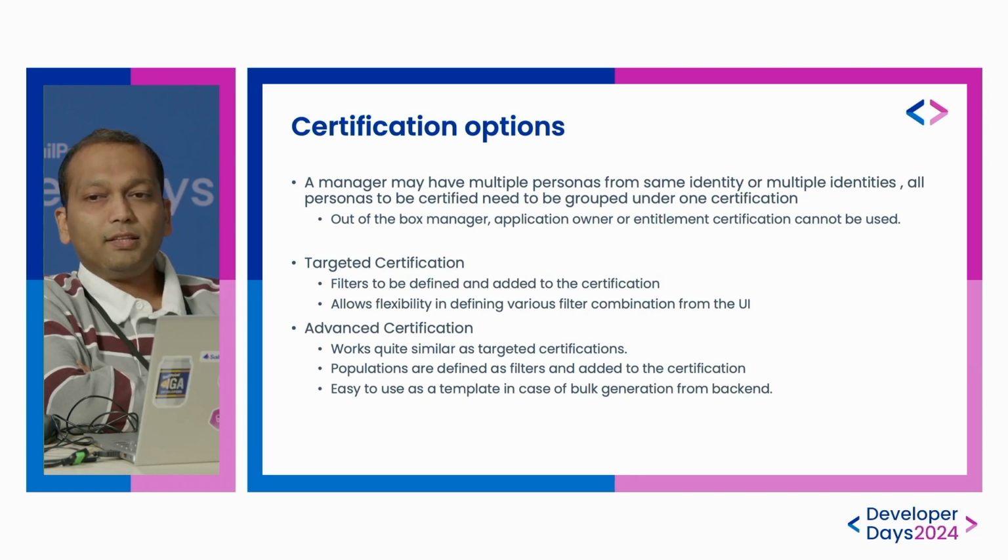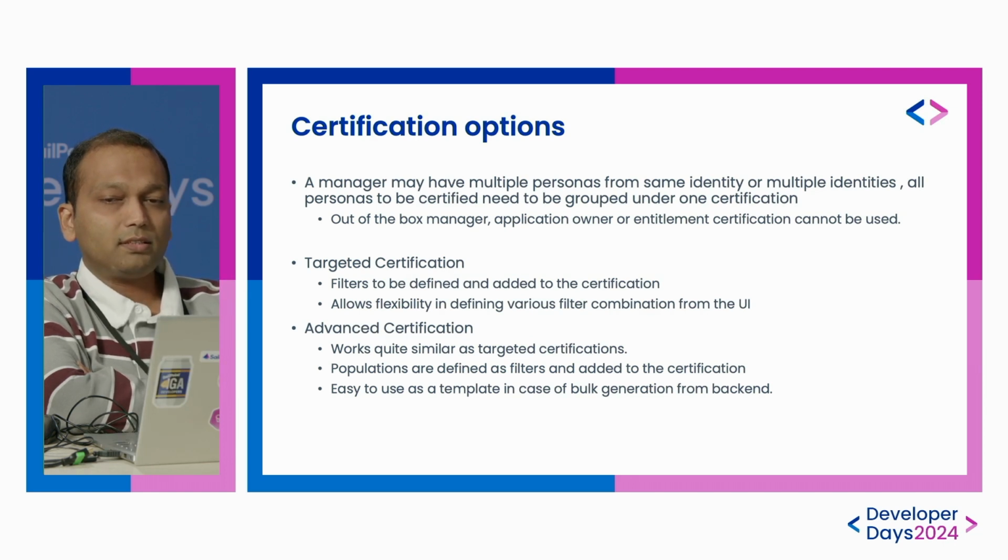Now to certify this, in SailPoint we have two options. One is targeted certification, which was a new addition in SailPoint IQ from version 8.1 onwards, and the other is advanced certification. Both work pretty similarly.